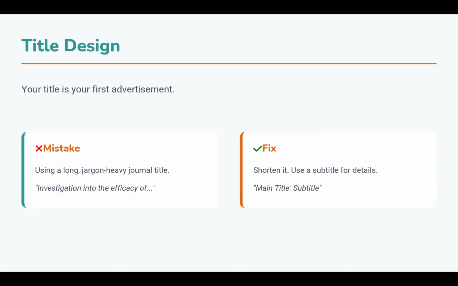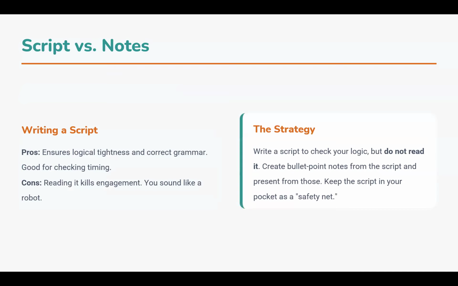Instead, go for a fix. Shorten it, and use a subtitle for details. You see, the semicolon effect could be used: main title and subtitle divided with a colon in the center, or a semicolon in the center. You see, these colons and semicolons do a lot. So title design is really, really important in your case.